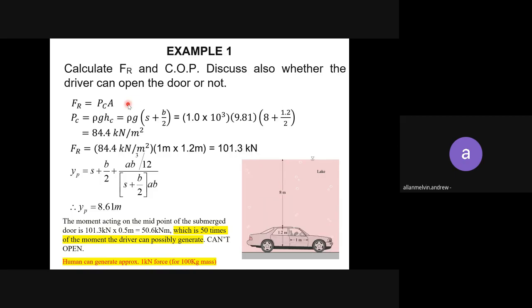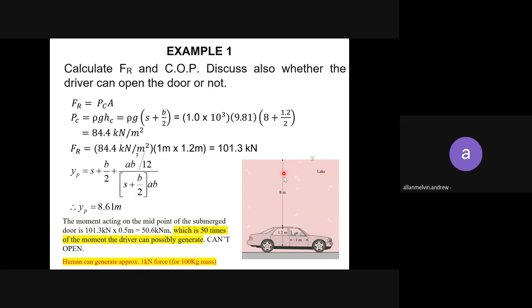So to calculate FR, the resultant force, and COP, center of pressure, and discuss also whether the driver can open the door or not. You have a situation here where this is the free surface and you have a lake. In a lake, normally it will be water.